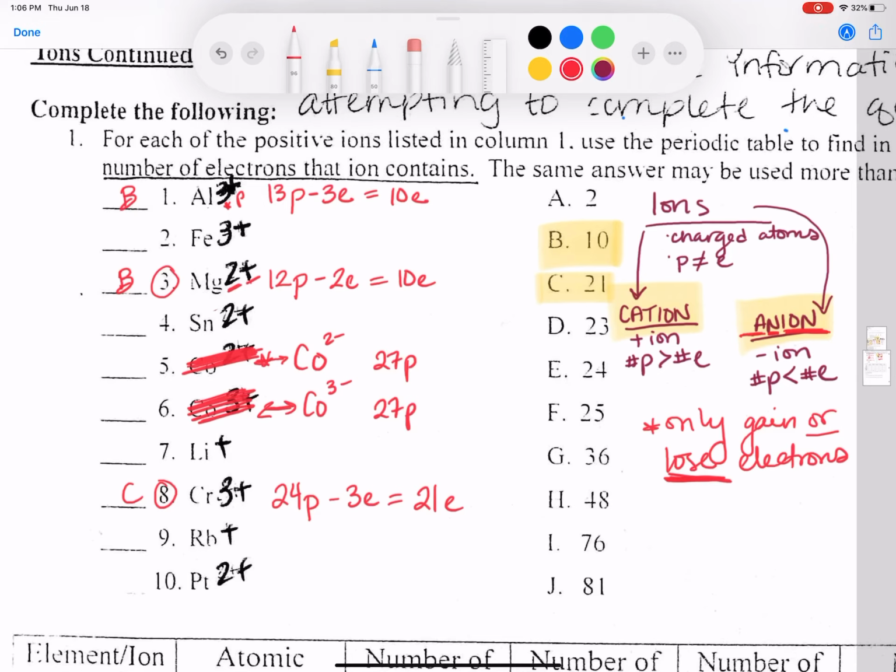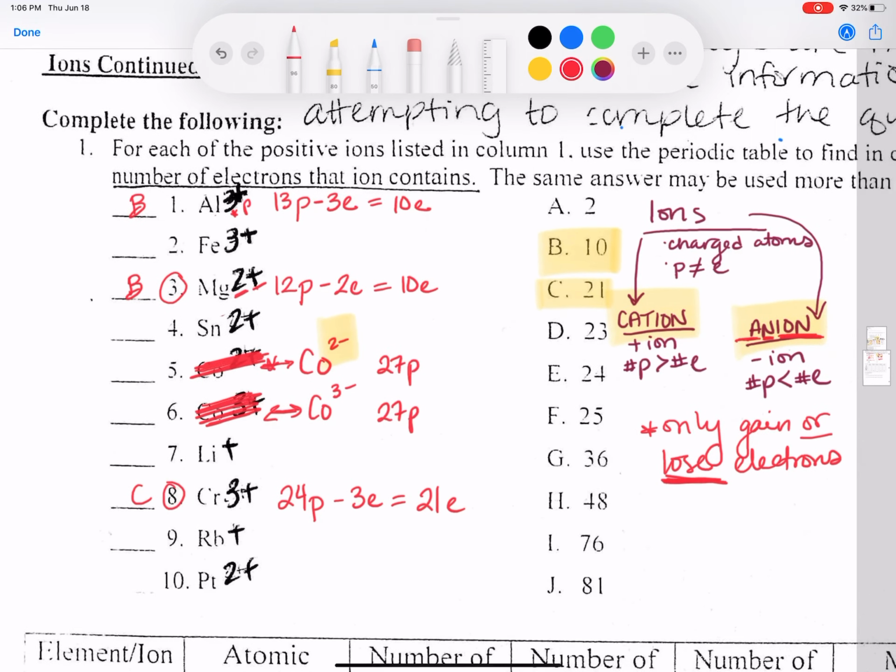If I'm cobalt 2 minus, I'm showing off that I have 2 more electrons. When I'm neutral, I have 27 protons, so I automatically have 27 electrons.